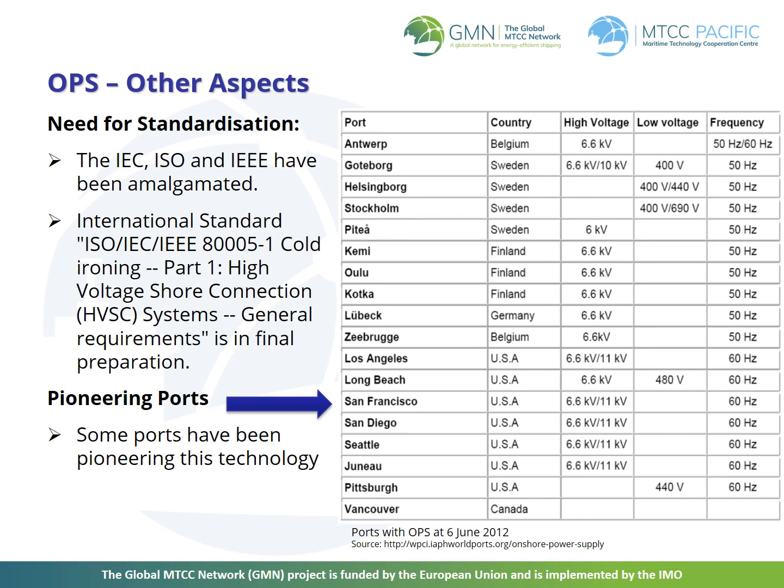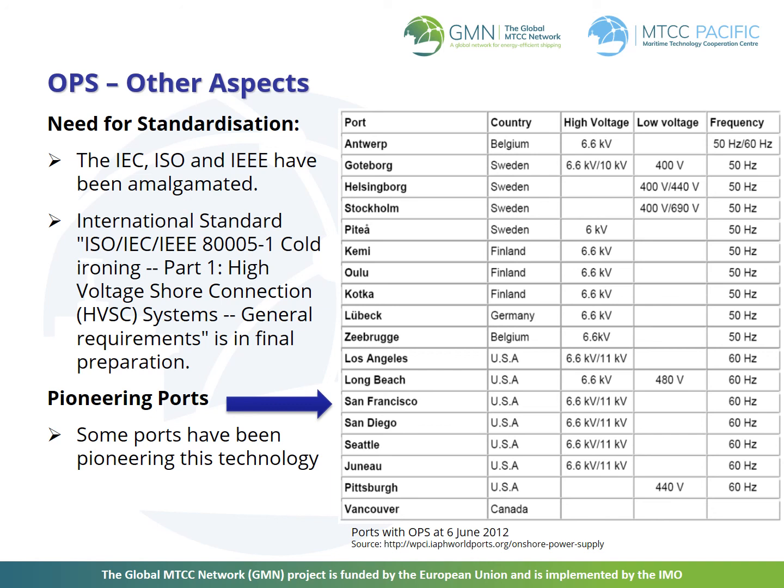Work on a common standard for OPS for ships at berth began early in 2005. Major players in this effort have included technology suppliers, governments, port authorities, ship owners, particularly cruise line, tanker, and container ship companies, classification societies, and others. The IEC, ISO, and IEEE have joined forces and developed the international standard that is described on the slide.